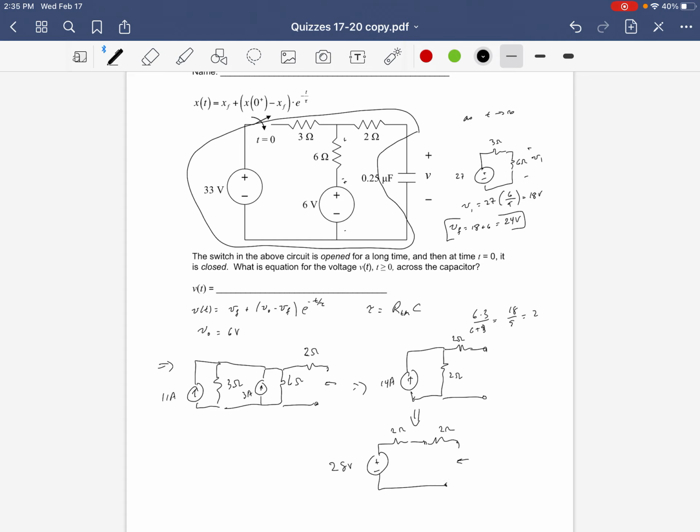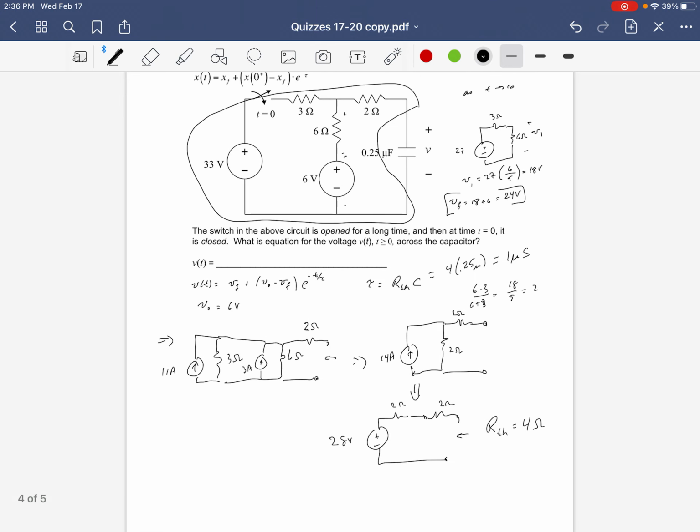Looking back in, the Thevenin resistance is equal to 4 ohms. Okay, so that means tau is going to be 4 times the capacitor, which is 0.25 micro. So 0.25 micro times 4 is going to be 1 microsecond.